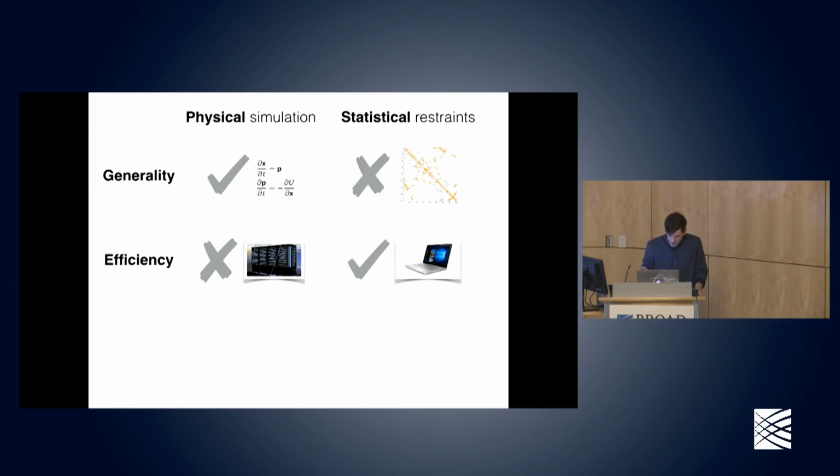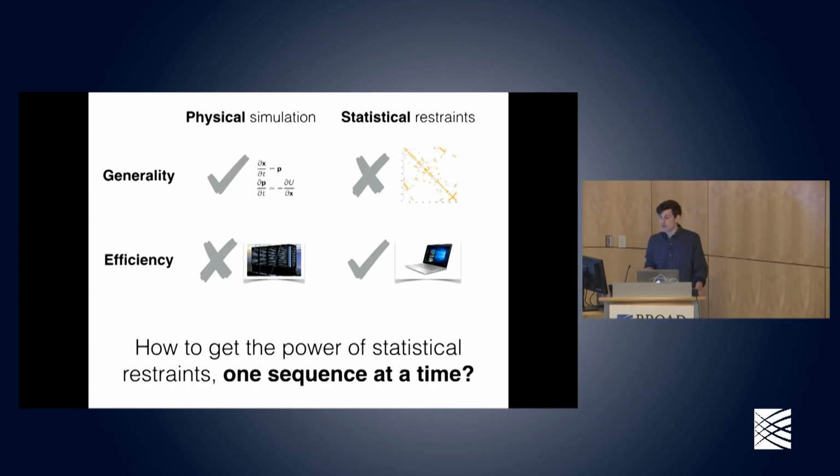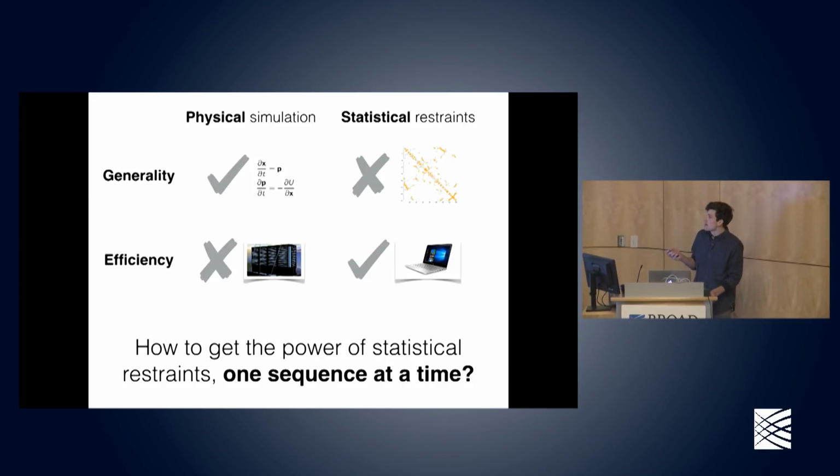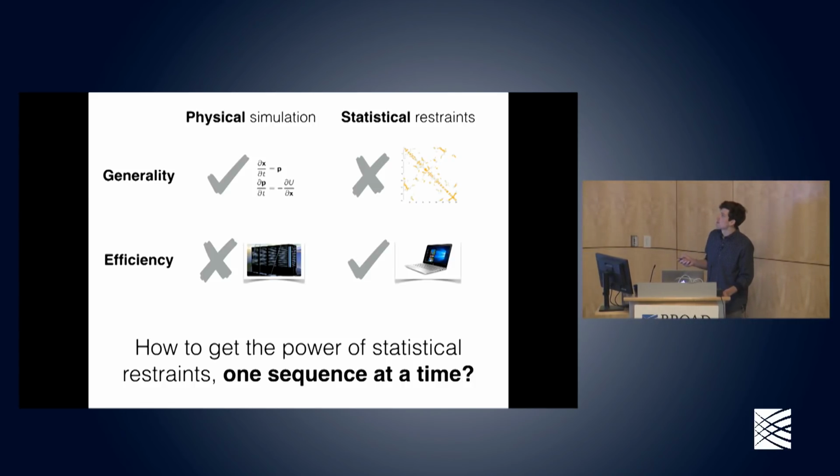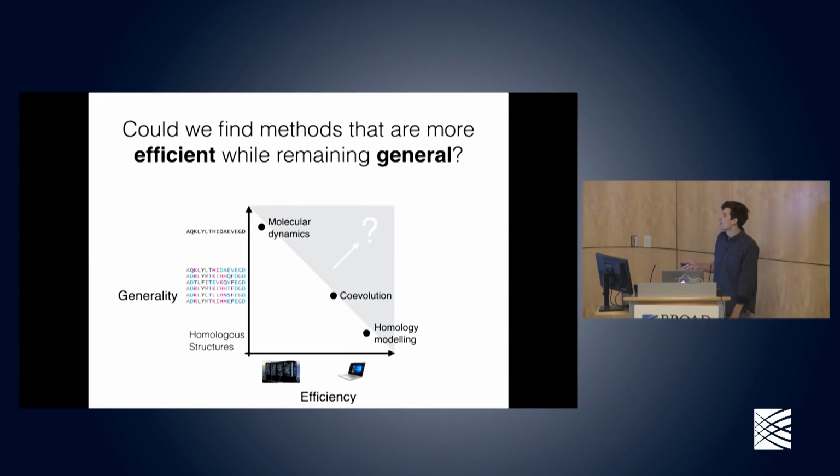So an ongoing question is, how can we get the complementary benefits of physical approaches together with the speed and efficiency of statistical approaches? And if you take this trade-off and make a cartoon plot, you might think of all the methods that exist, whether talking about molecular dynamics, coevolution, or something I didn't mention, but you may have heard of, called homology modeling. These are all methods used all the time to predict protein structure.